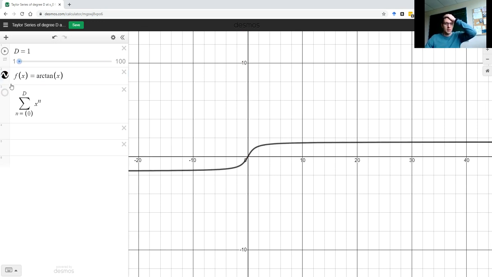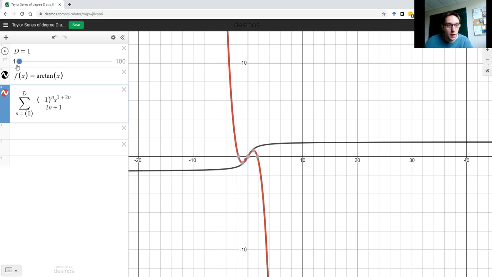And now I'm going to plot my power series, which we said was (-1)^n times x^(2n+1) over 2n+1.